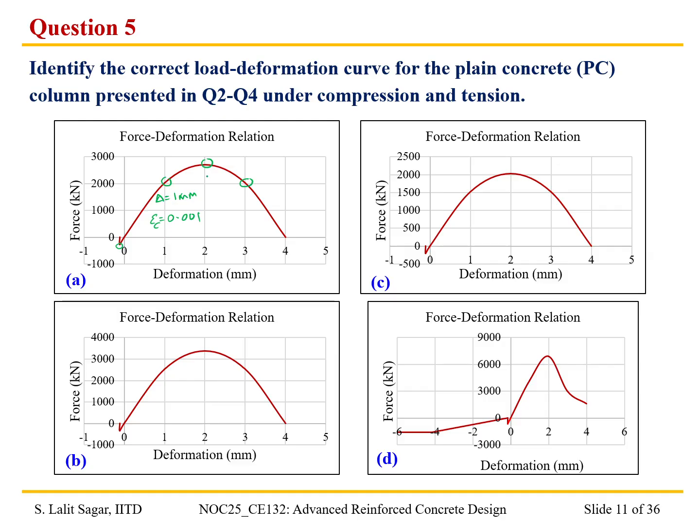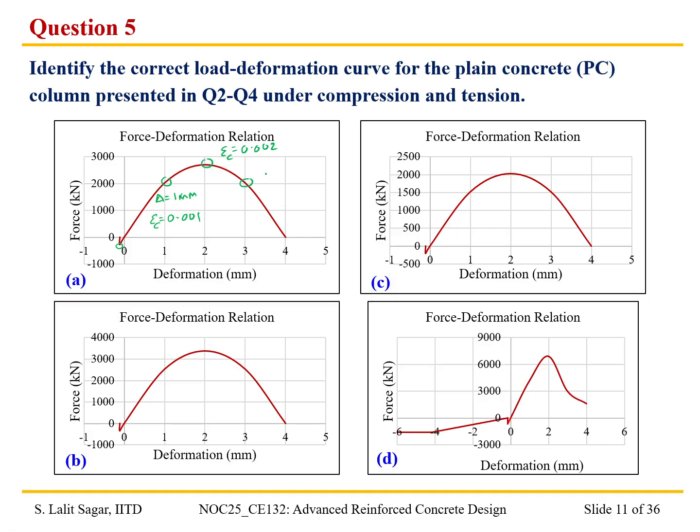Then for a strain of 0.002, epsilon C is 0.002, we got the load of 2700 kilonewton and the deformation was 2 millimeter.